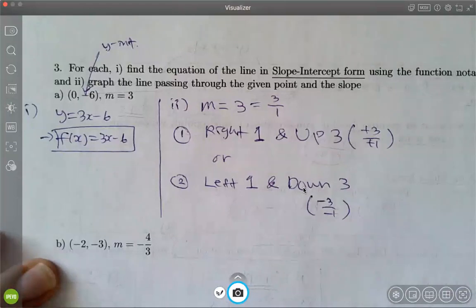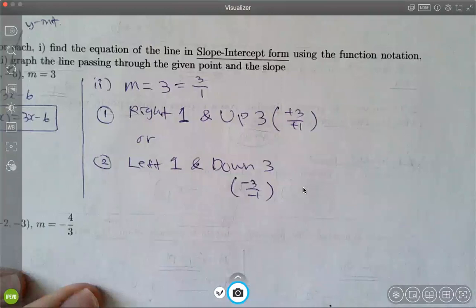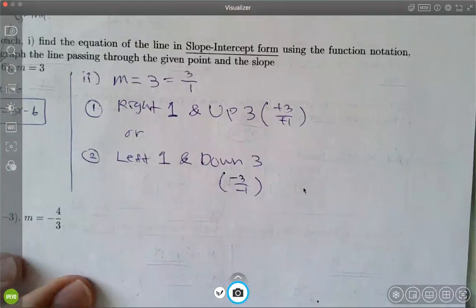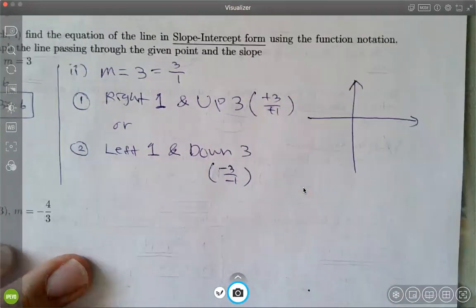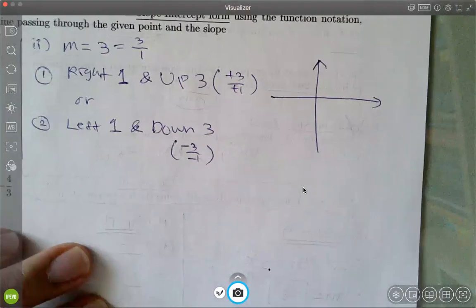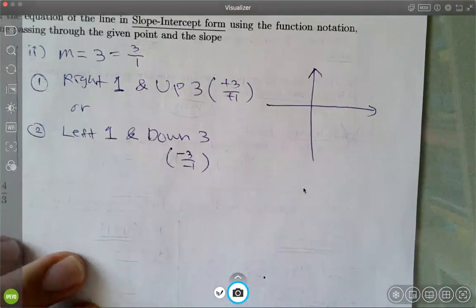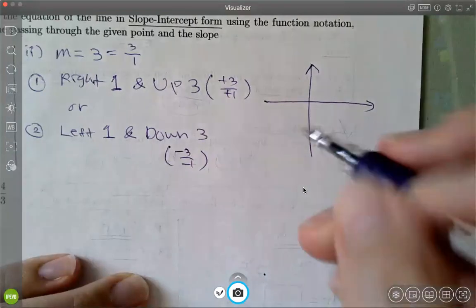So it doesn't matter which motion you take. Which motion do you want to choose? The right one and up 3, or left one and down 3? Right 1 and up 3.